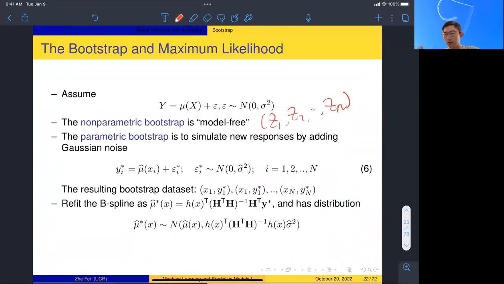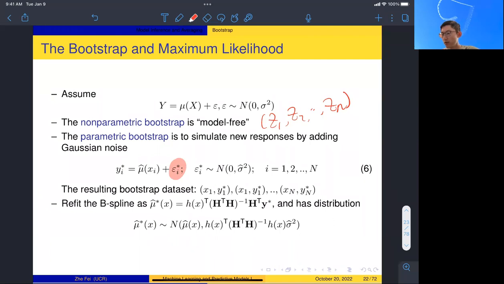On the other hand, people could do the parametric bootstrap, meaning that you assume the underlying model, and then instead of bootstrapping the X and Y at the same time, you would bootstrap the error term.